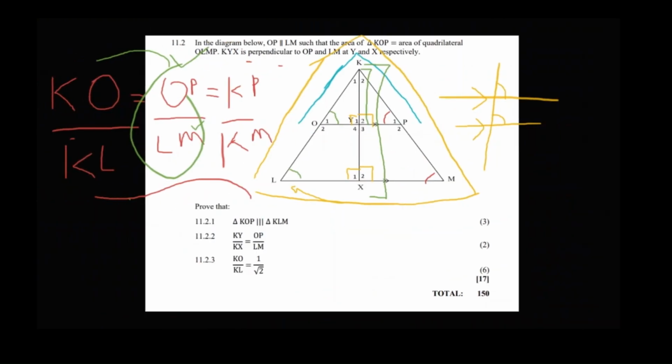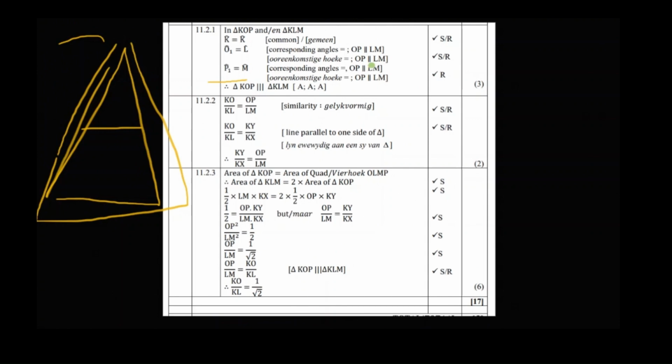And now, remember, just like I said previously, KY over KX is going to equal KO over KL because of the prop theorem. Or you could just write down line parallel to one side of triangle. That's a rule you can also use. Therefore, KY over KX is going to equal OP over LM. Why is that? Because they both have a ratio in common. They're both equal to KO over KL.